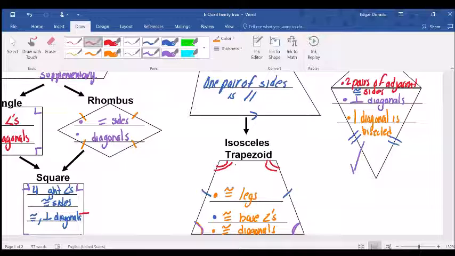Okay, so if I draw a different one here, let's go ahead and draw a kite. You probably draw a better one than I can. Actually, let me do a better job than that. That looks pretty horrible. Let's try this again. Still not great, but you guys get the idea here.